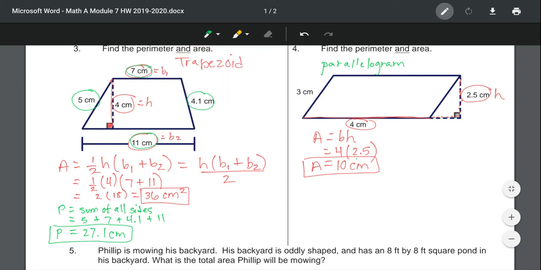Okay, for the perimeter, again, it's the sum of the side lengths. For a parallelogram, notice how not all the side lengths are given to us, so you need to identify those. On the left side, the left edge is 3, so the right edge is also 3 centimeters.